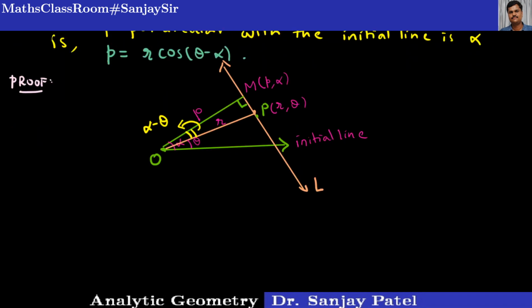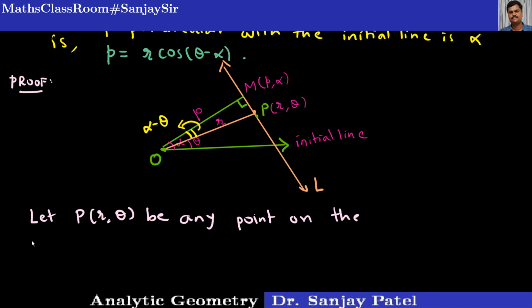Okay, so first of all we write like this: let P (r, theta) be any point on the given line. What is the next step we have done? We draw a perpendicular OM onto this line.